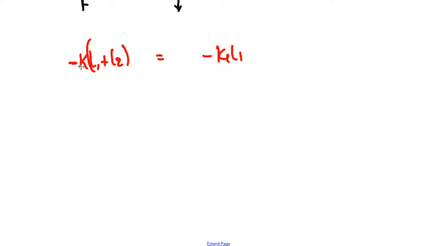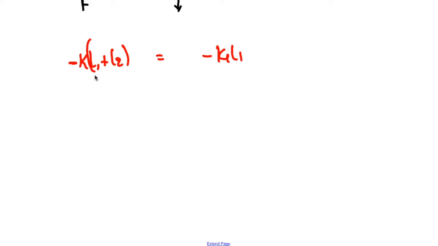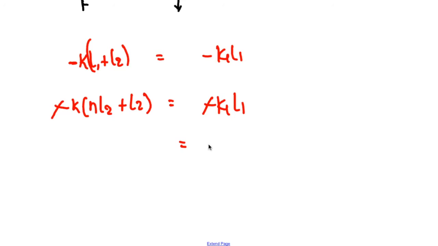Now let's solve this. We have a relation L1 equals nL2, substitute it. The minus sign will be cancelled out.